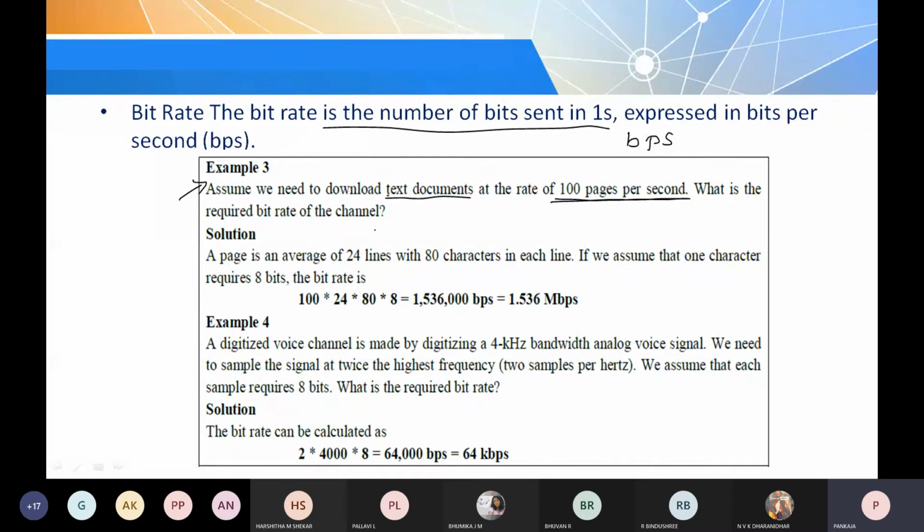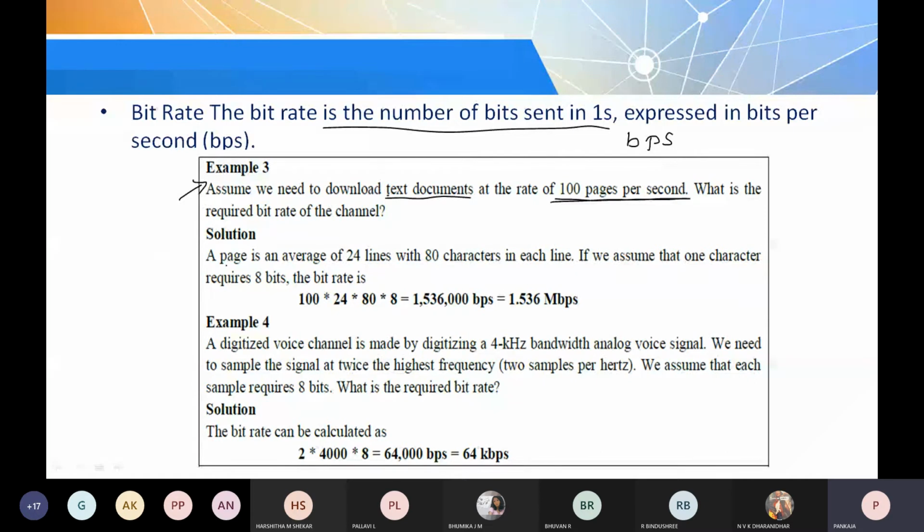They have not given the bit rate. They have given that you need to download 100 pages, and you need to calculate the bit rate of the channel it requires to download 100 pages per second. It is just not a standard value. We are assuming some values.